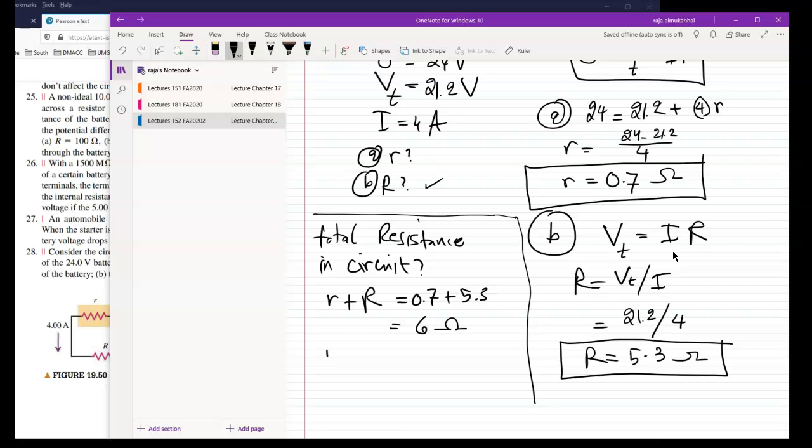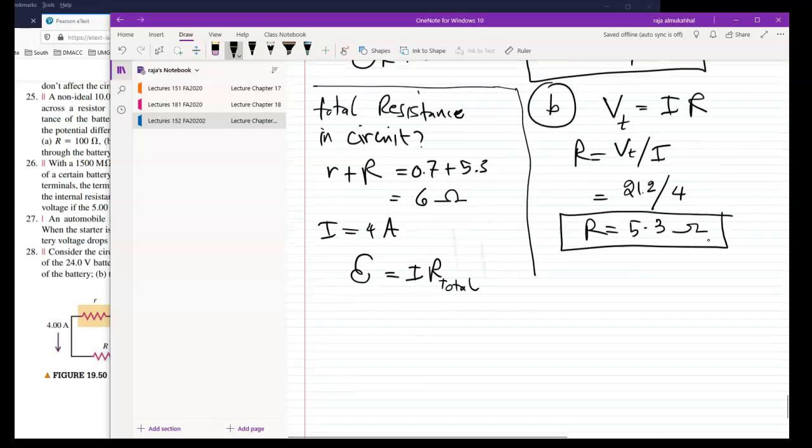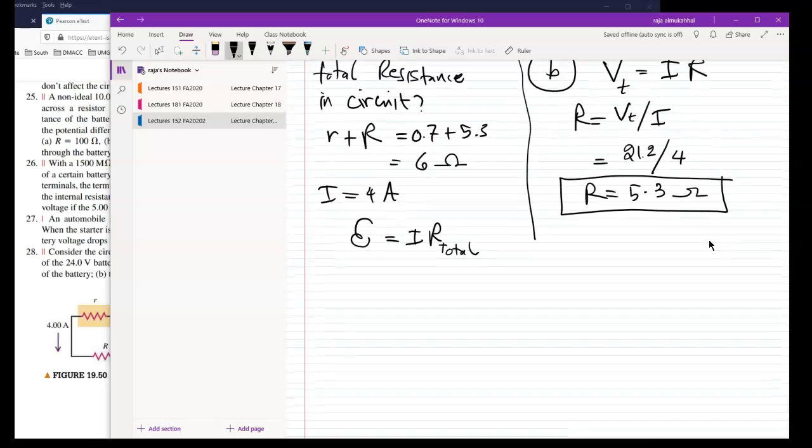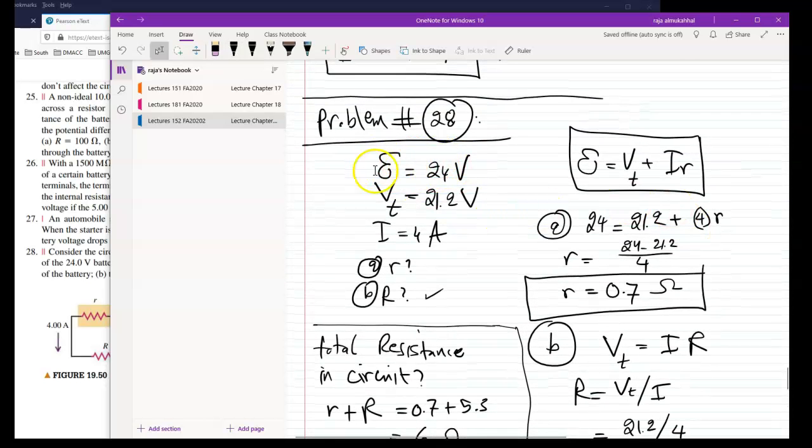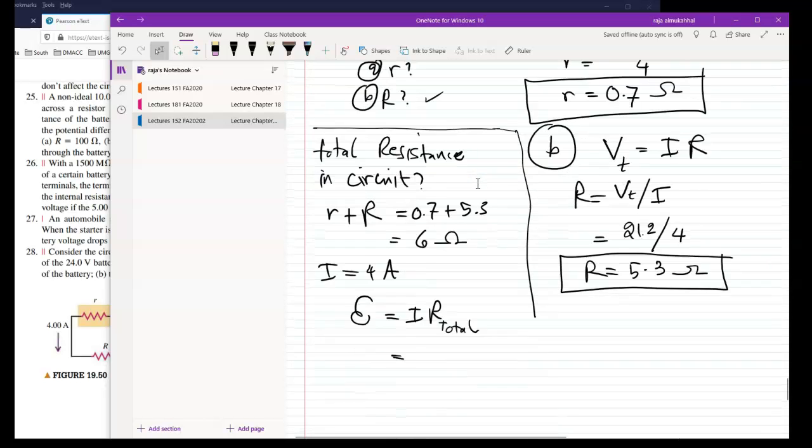See what I'm saying? We know that the current is what? 4 amp. Now, what is the EMF? Well, the EMF is I times R, but this R is the total. You got that? Here, let's check it out and see if this is true. If I get an EMF of 24 as given by the problem, then I am correct, which I am.